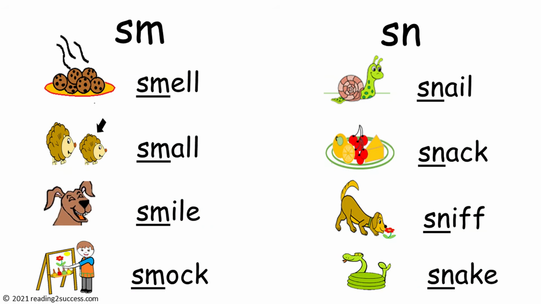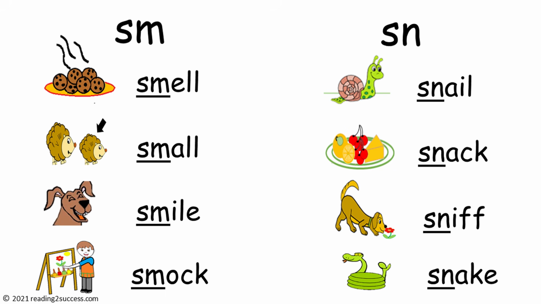Now introduce kids to two more S blend words, the SM and the SN. We're going to start with words that begin with SM. Smell, small, smile, and smock. Now the SN blend.